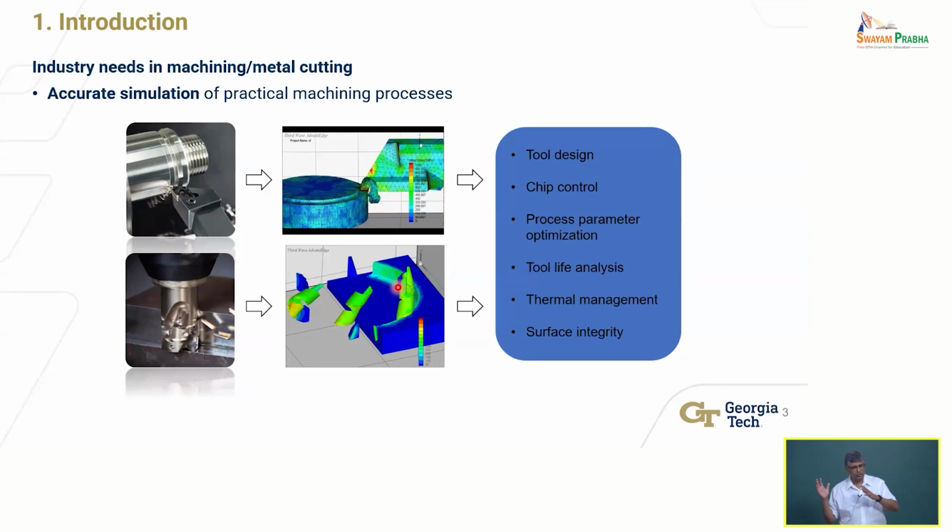So there'll be train loads of chips that actually come into a factory, take it away, clean it, and then try to recycle it. Certainly, aluminum is theoretically 100% recyclable. So, they would like to recycle as much as possible. So chip control is important because you want to be able to handle these chips. You don't want long, stringy chips that basically get entangled around the workpiece and damage the part and so forth.